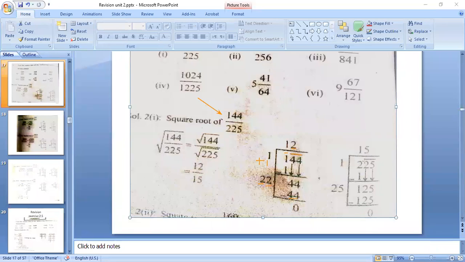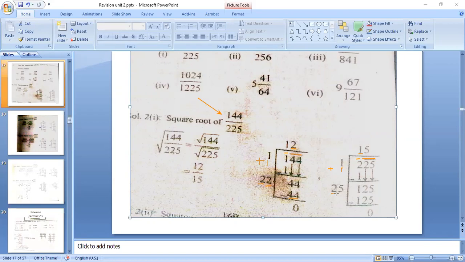Similarly, 225, we make the pair. First pair from the right side, it is 5 and 2 pair, and then the pair of 2, which has only one digit. So we start again with 1. 1 times 1 is 1. Now we subtract. When we subtract 1 from 2, we get 1, and we will carry this 2 and 5 downward, and we get 125. Now we add again the same 1 in it, and we will get this 2.